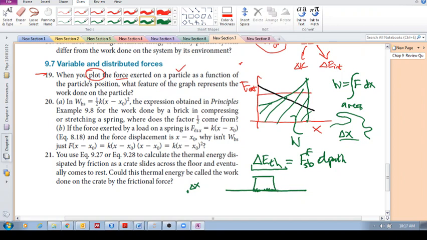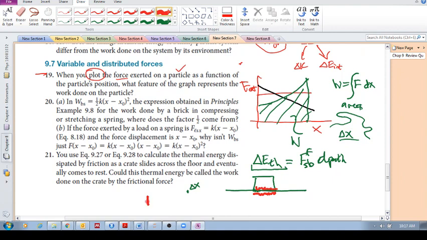And secondly, both surfaces, the crate and the floor, are heating up. So we don't know how much thermal energy has gone into the crate and how much has gone into the floor. So it's difficult.